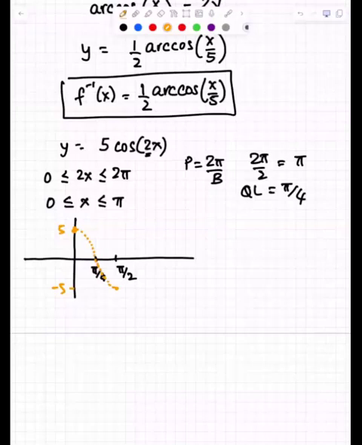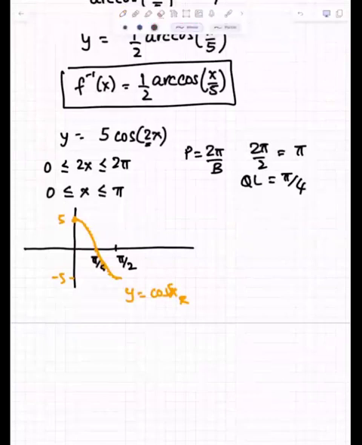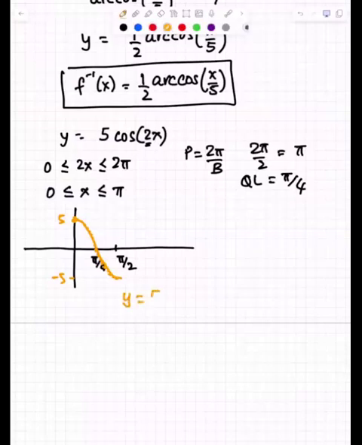And now we've got to just invert this guy. Not 5x, sorry, a mistake. This is the graph of y is equal to 5 cosine of 2x. Okay, let's flip this.